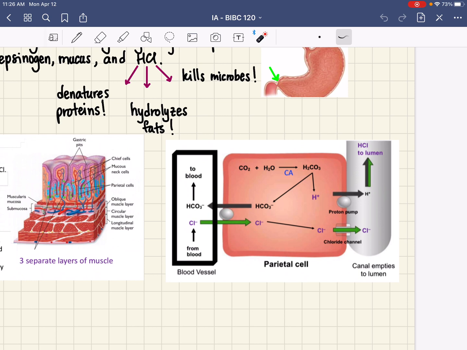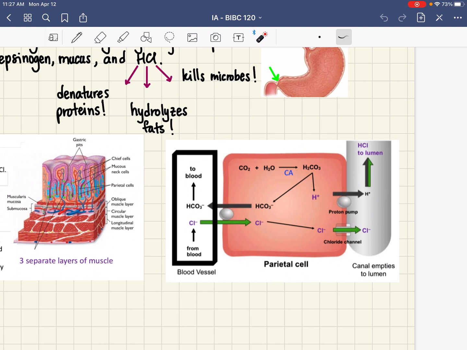So this mechanism is made in a way where the protons, H+, and the chloride ions, Cl-, are pumped into the lumen of the stomach separate from one another. Then once they are pumped out of the parietal cell, in the stomach they join together to form HCl. Because in the stomach, we have this thick layer of mucus, once it is in the stomach, it won't destroy the stomach. But if it was in here, it would destroy the parietal cell. So how does this happen?